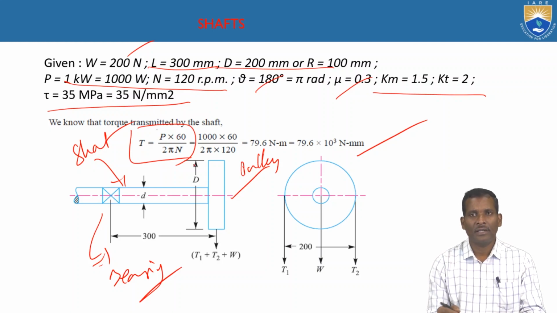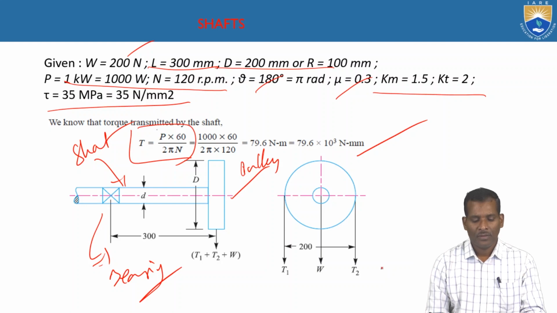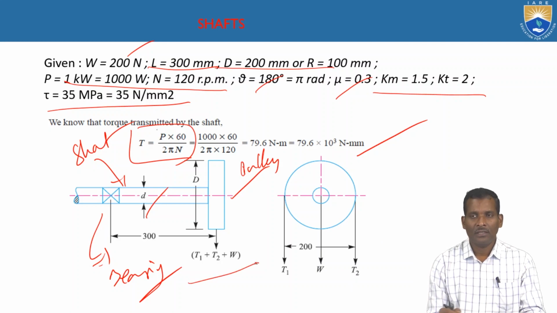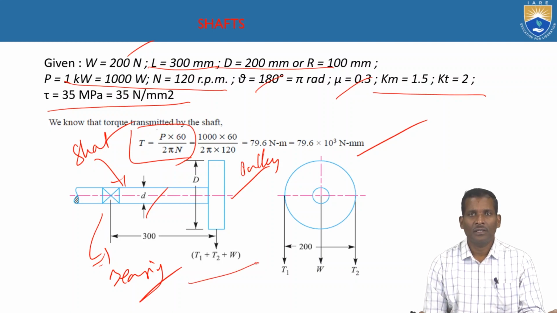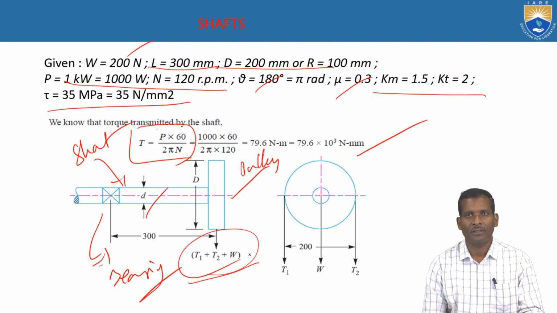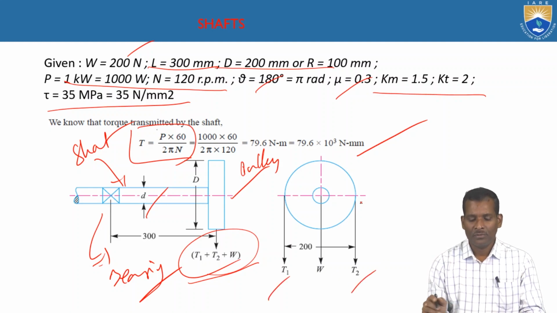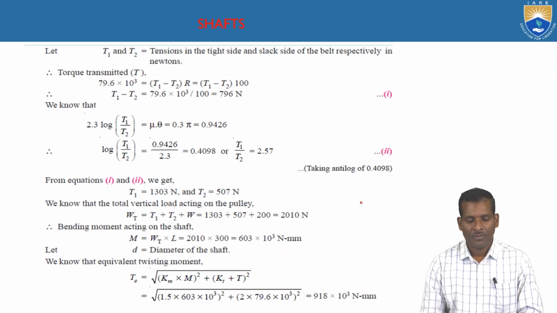So the D is the diameter of the pulley. The small d is the diameter of the shaft. You need to find. So here self weight also will add. So T1 plus T2 plus W. So this way total load acting on this pulley is downwards. That is T1 plus T2 plus W. So here the side view you draw like this.